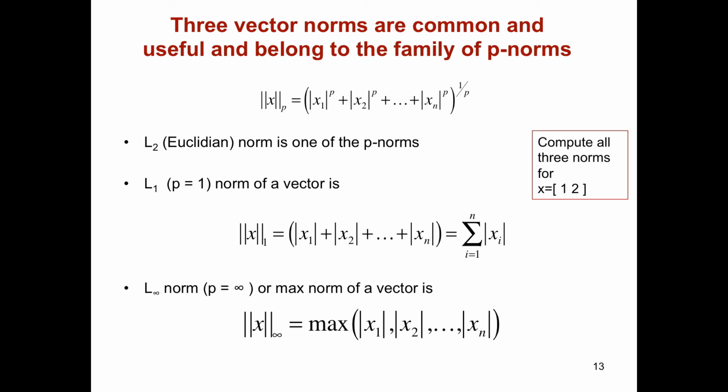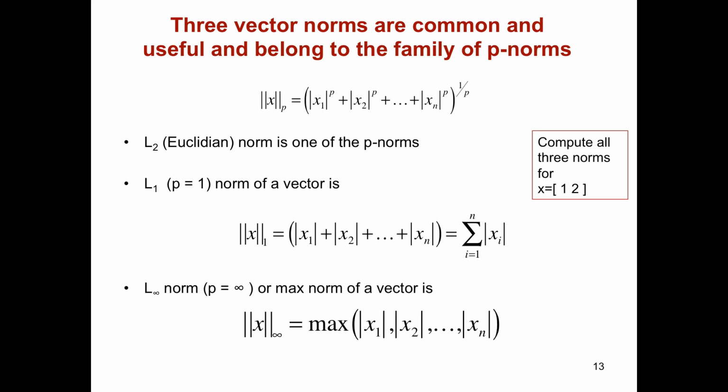So if p is equal to 2, I will take x1, which is 1, so x1 squared, which is 1, plus x2, which is 2, squared, which is 4. Okay? So 1 plus 4 is 5, and then I'm going to take that 5 to the power 1 over p, and p is 2, so that's a square root. Okay? So the square root of 1 plus 4 is the square root of 5. So that is my L2 norm of this particular vector.